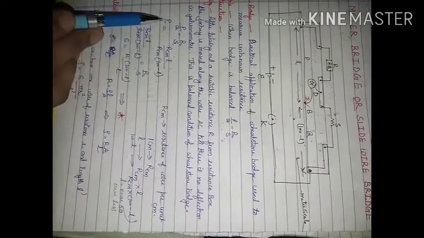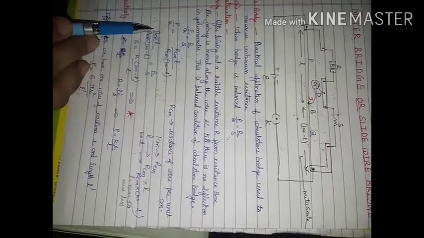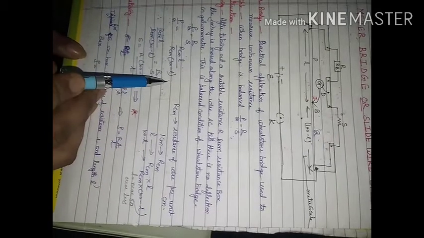It means this P upon Q ratio depends on L and 100 minus L.